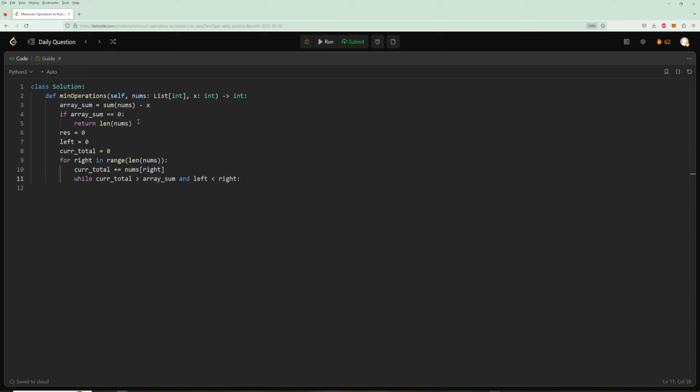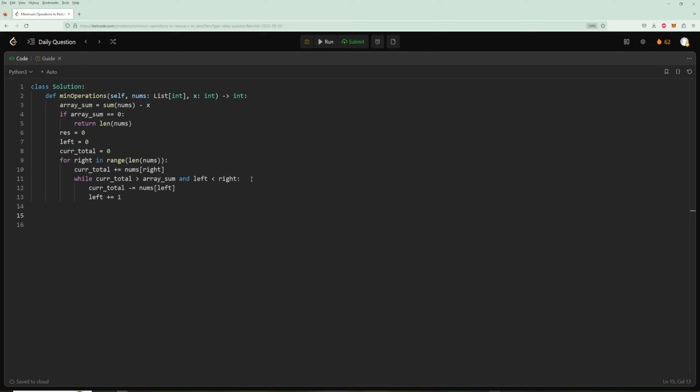Let's say the current number is like 30 and the sum we want is like 20. We need to have some kind of constraint to make sure that left doesn't go out of bounds. Okay. So we could say cur total minus equals nums left. This is our shrinking section. So we're going to shrink it until either left equals right or the current total is less than the number we're looking for.